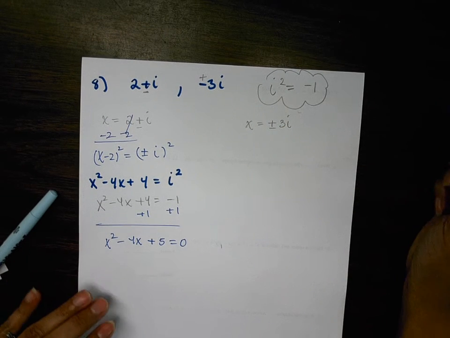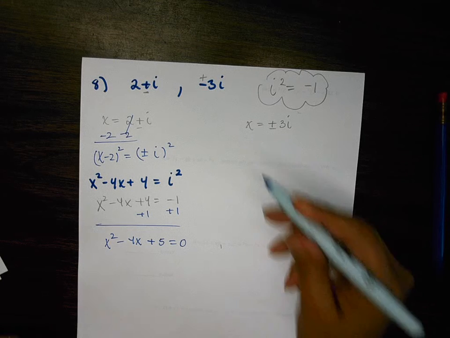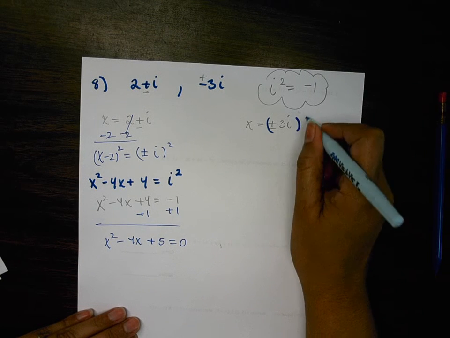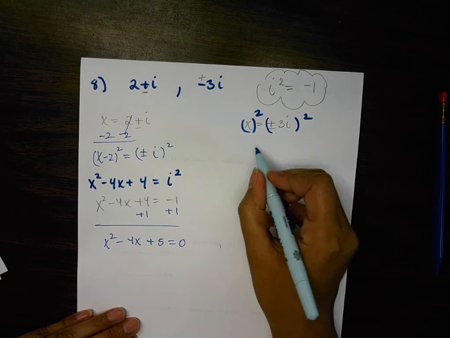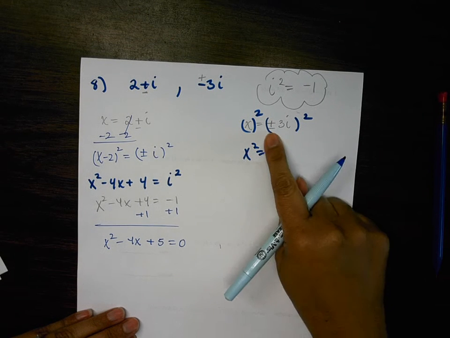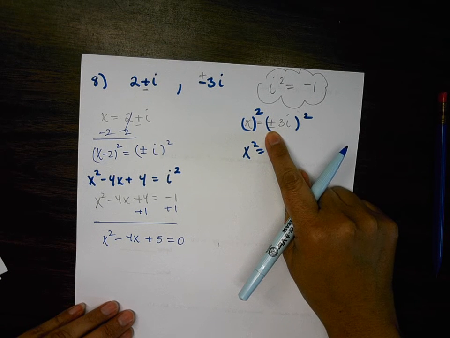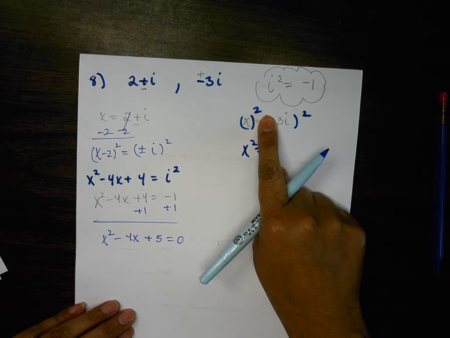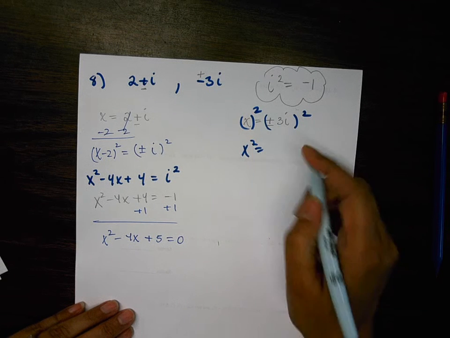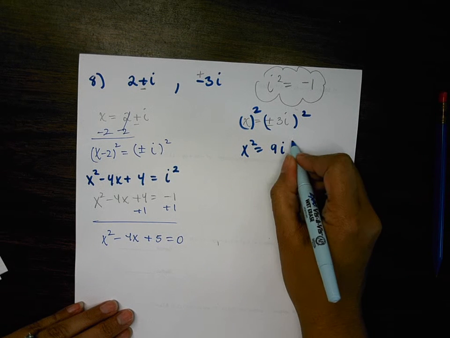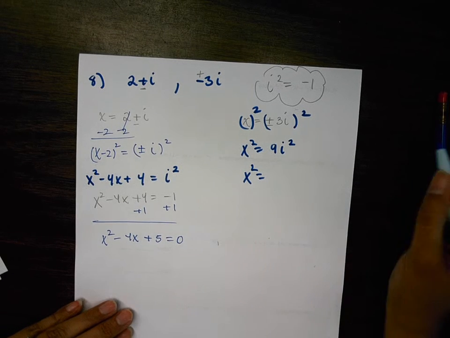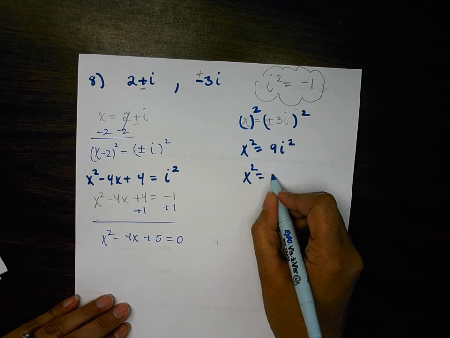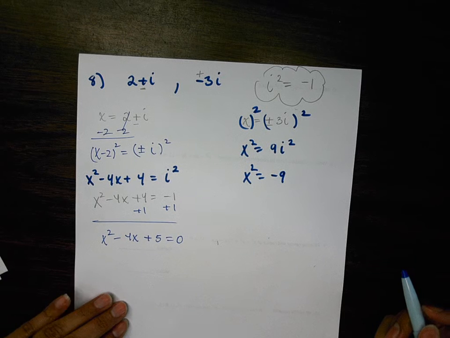All right, next one, x equals what? Plus or minus 3i. There's nothing to add or subtract, so I'm going to go straight to doing what to both sides? Squaring. X squared equals, what happens to the plus or minus when I square it? It's gone. And then I have 3i times 3i, which is 9i what?